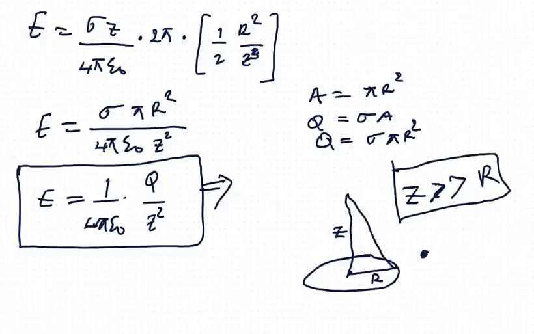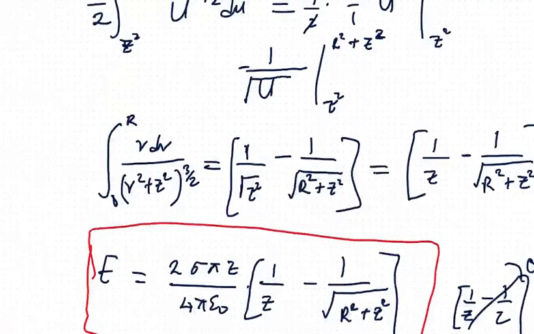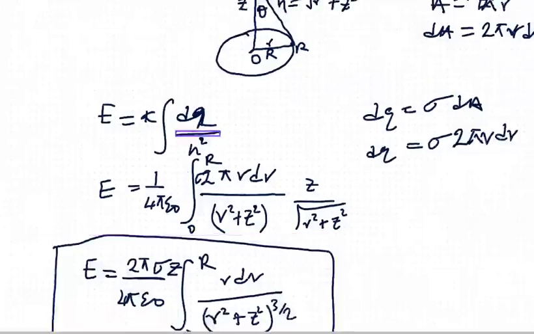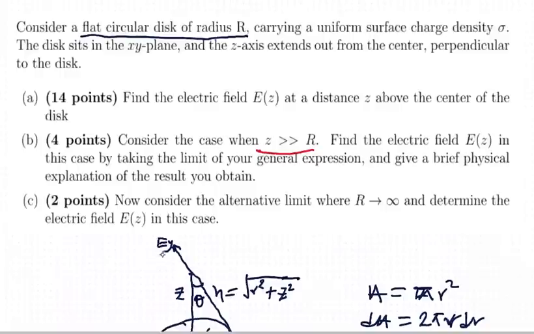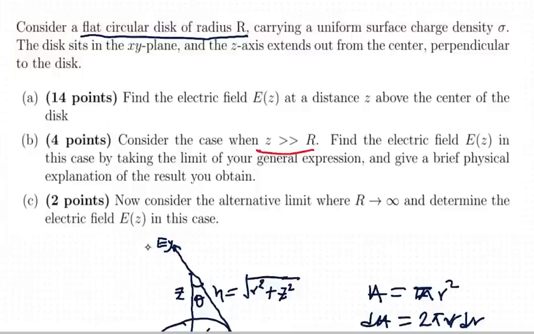So let's solve the last part, which is question C. For question C, we are now asked to consider the alternative limit where R tends to infinity and determine the electric field Ez in this case.